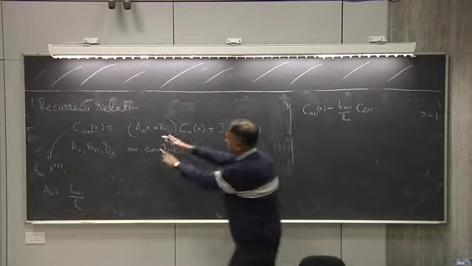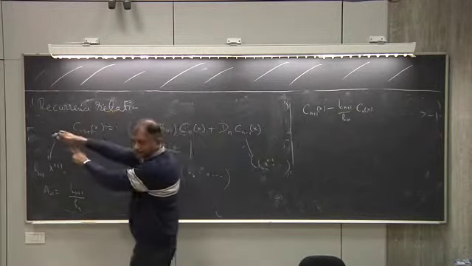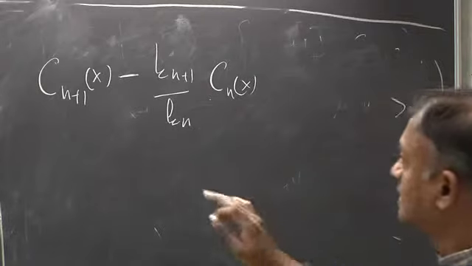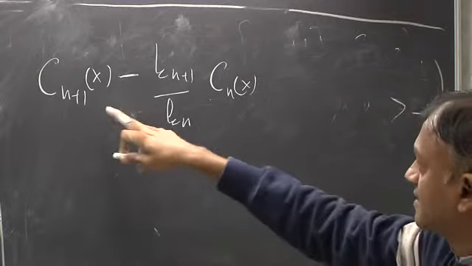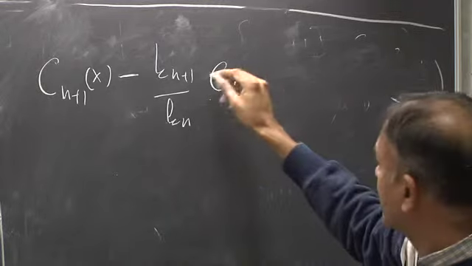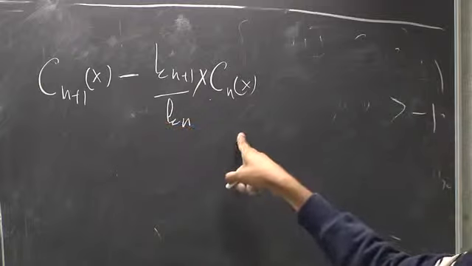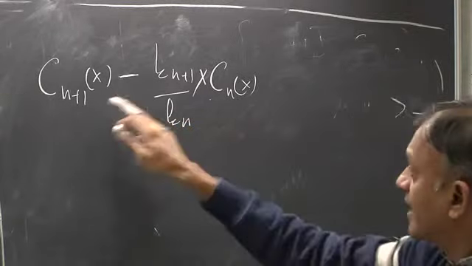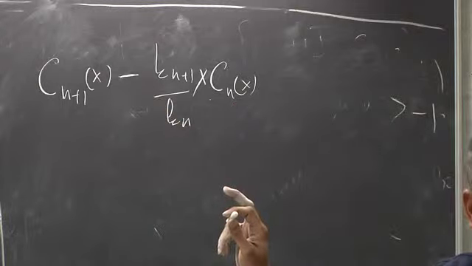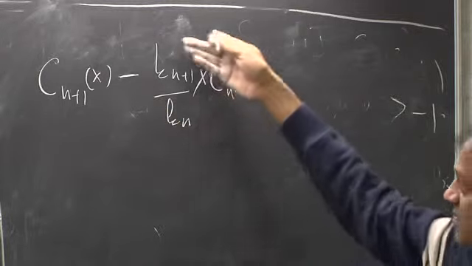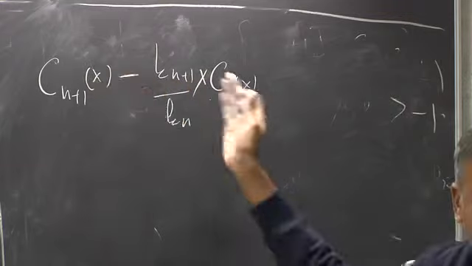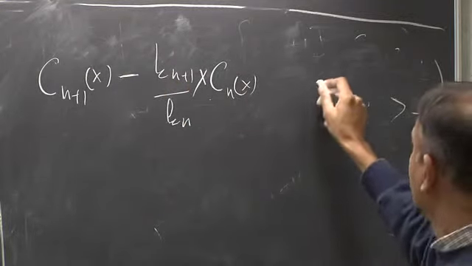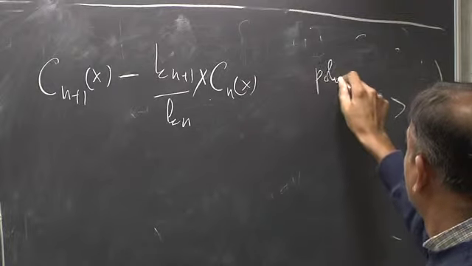What I have done is just take this term on the left hand side. What is the main property of this? The x to the n plus 1 has disappeared, because we have chosen this constant precisely to cancel the x to the n plus 1 term. That means this is a polynomial of degree n.